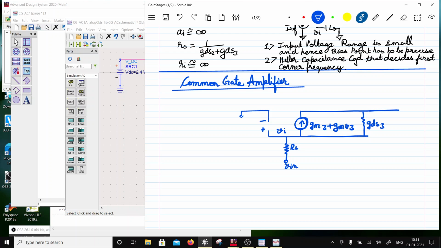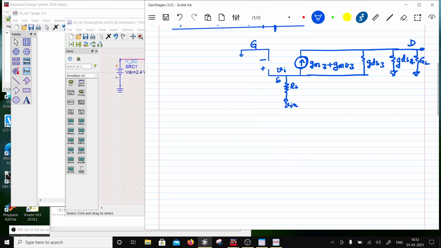If you see, the capacitance will come to ground because for CDB, B is ground, so those capacitances are anyway ignored in the low frequency model. So I have here gds2, and then I have got GL. So this is drain, this is gate, and this is your source. This is the small signal model which I'm going to use for analysis.